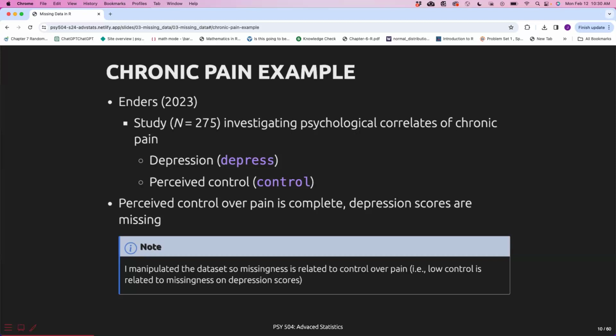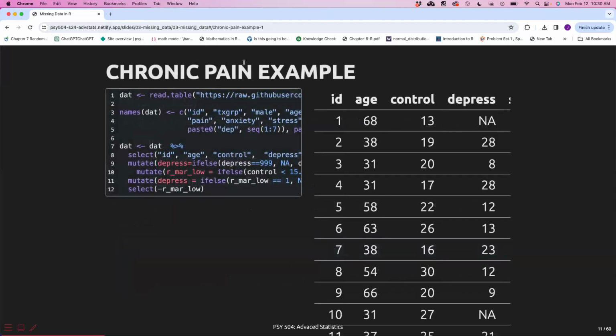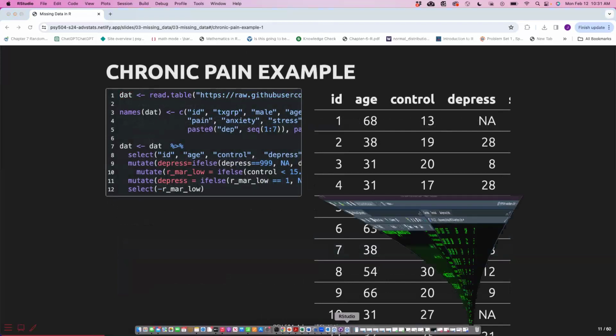And conversely, how does high perceived control of pain relate to depression scores? Those are the two variables of interest. In the data set itself, perceived control is complete, so there's no missing data, but depression scores are missing. I've manipulated the data set so that the mechanism is known. So I modified the data set a little bit. Let's go to R and read in the data set.